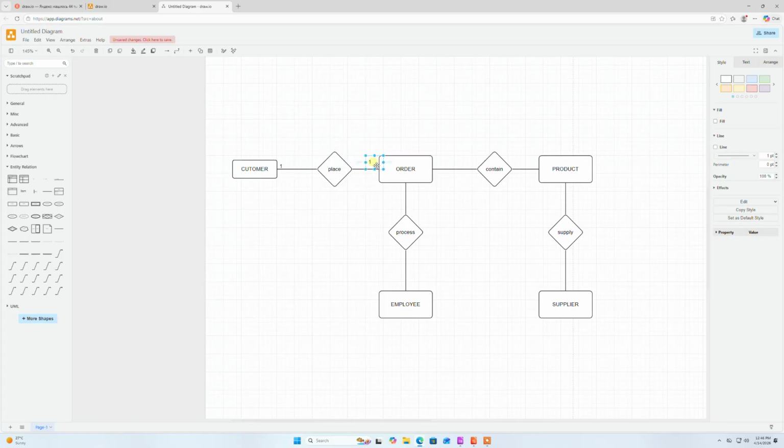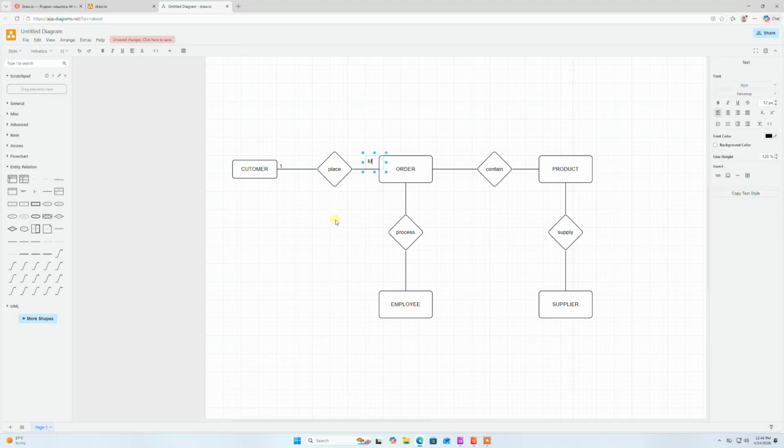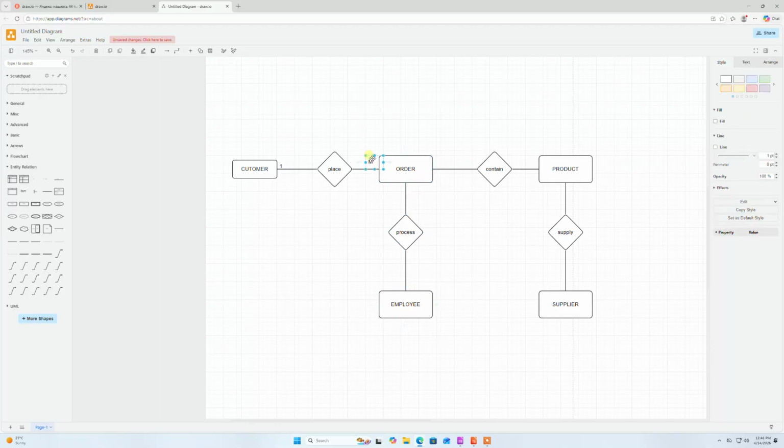I will make it M. One customer can place many orders, and one order will be processed by many employees, for example, so I will put many over here. One order will be processed by many employees, and one employee will work on only one order, so I will bring this one.